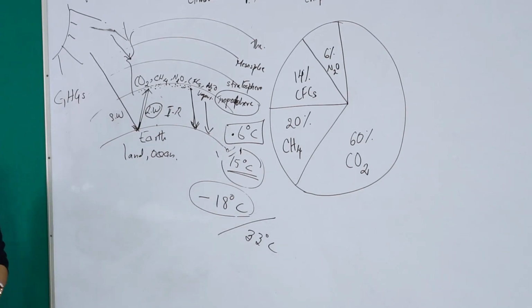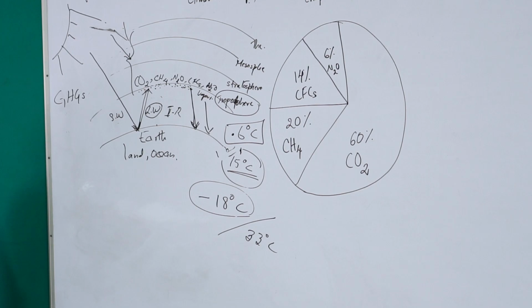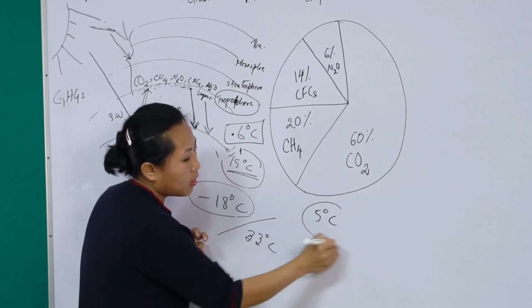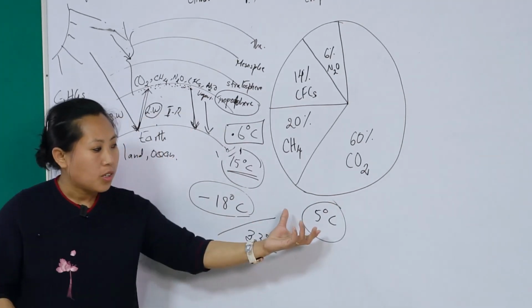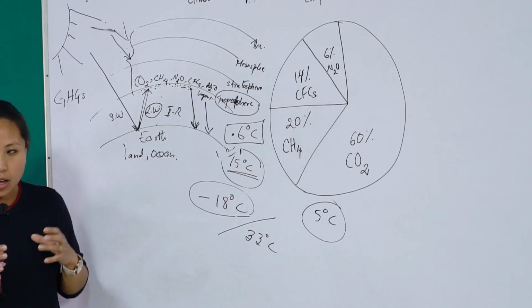0.6 degree centigrade. It seems a small increase, but some journals say that a 5 degree centigrade increase in the temperature of the Earth brought the present civilization, brought the present Earth, out of the Ice Age.